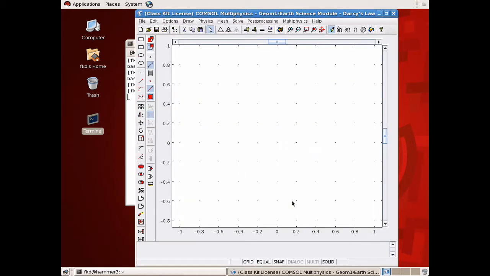Let's do a one-dimensional problem in terms of size. So I'm going to make a geometry. I guess it's the same on both sides.